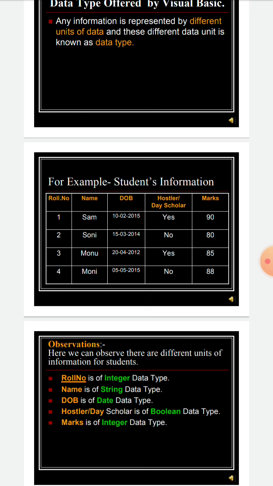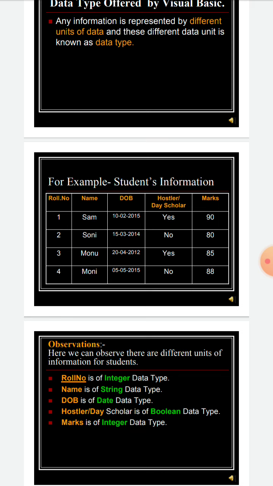And so for the other students, roll number 2 Sony, date of birth is 15 March 2014, hosteler no, marks 80. Roll number 3 Monu, date of birth 20 April 2012, hosteler yes, marks 85.